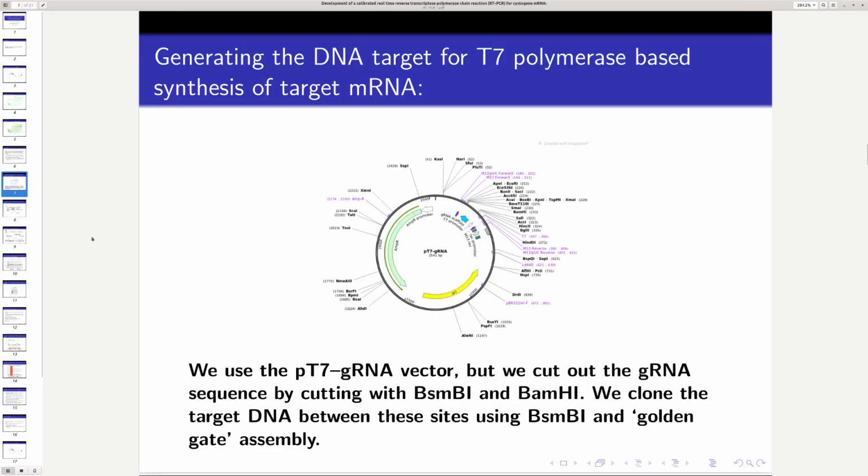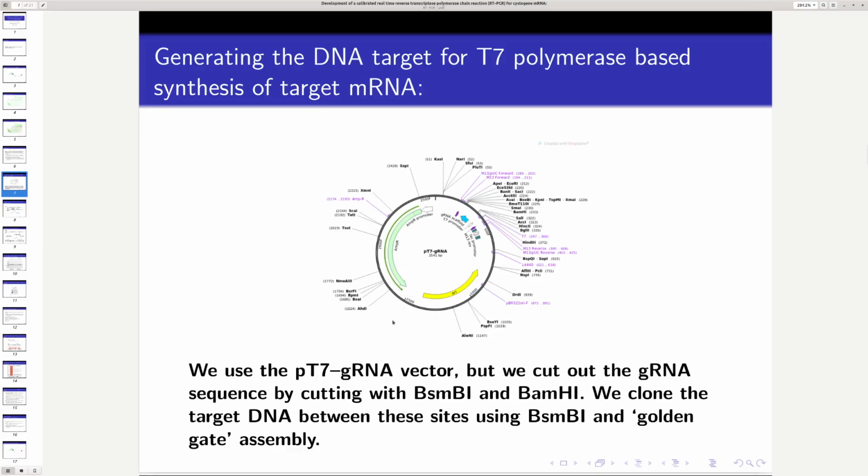So we start with a plasmid called pT7 gRNA. And this was originally designed to make guide RNAs for Cas9. And what we decided to do was to cut out the guide RNA bit and just use the T7 promoter to run off our RNAs.